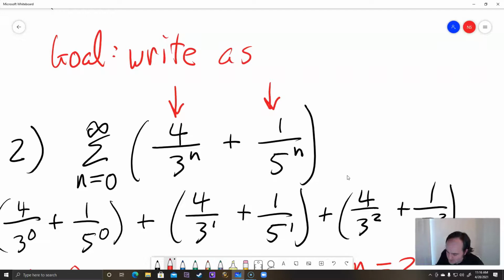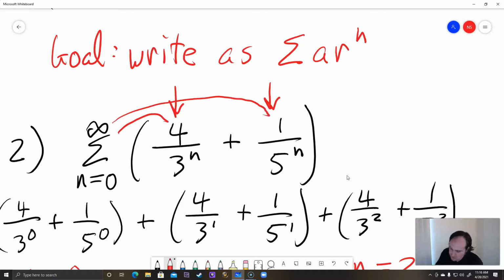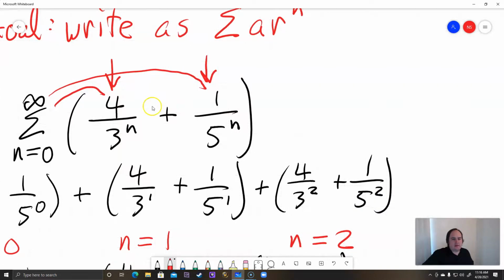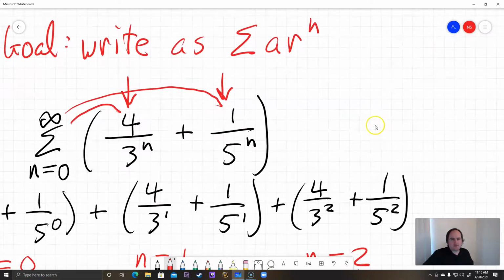So the goal is to write each as the sum of a times r to the n. And of course the a and the r are going to be different for each of those terms. But it turns out that you can actually just distribute the summation symbol. So we can do that, and then each one is going to be a geometric series.